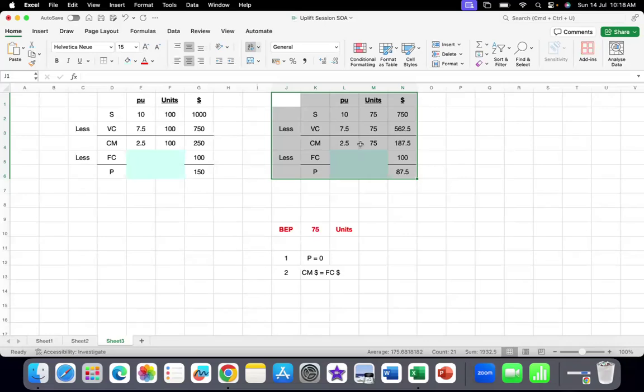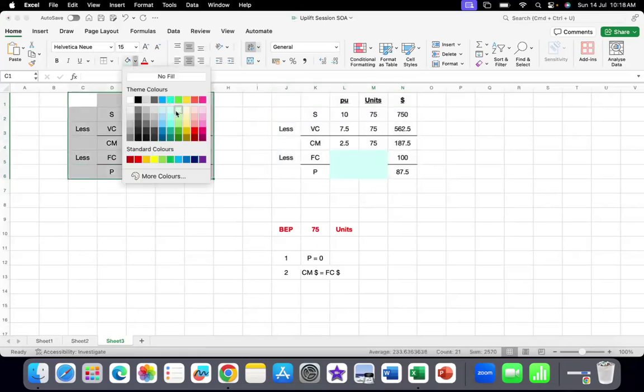Or if you don't want to do it that way, there would be a rough paper with you in your examination. Just draw this kind of a hypothetical example there, so that it is going to recollect a lot of things for you. So if I want to calculate the BEP point of this equation, this is my original equation.